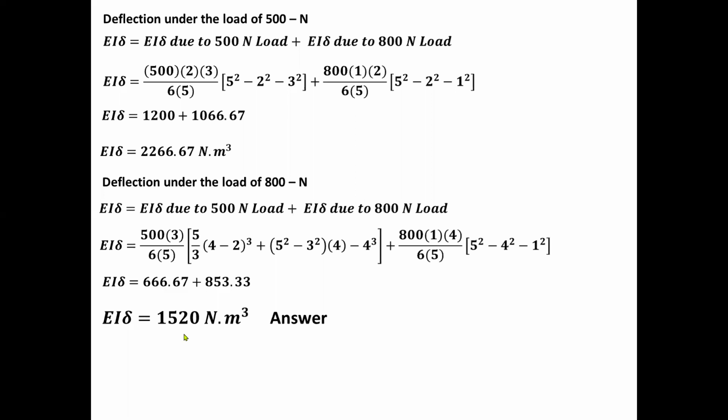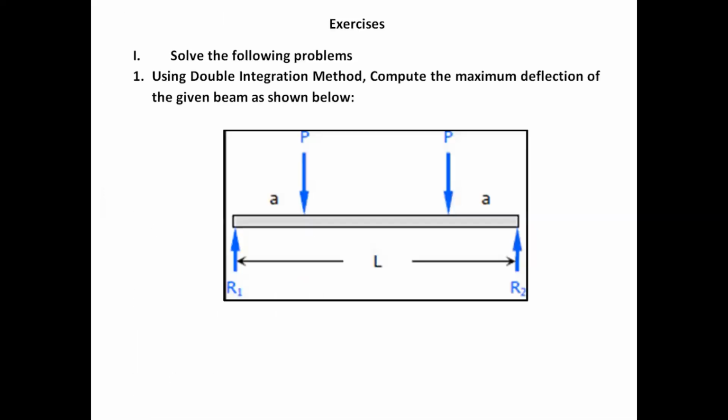For your assignment, using double integration method, compute the maximum deflection of the given beam as shown below. So, paki-calculate ang deflection ng ating given beam para mayroon kayong pagkaabalaan.